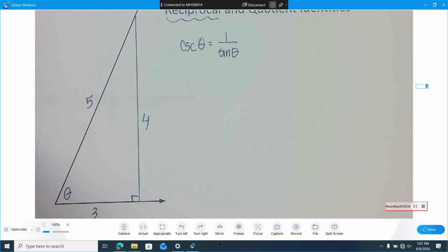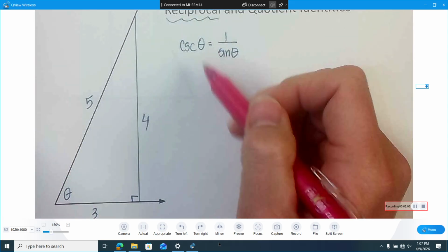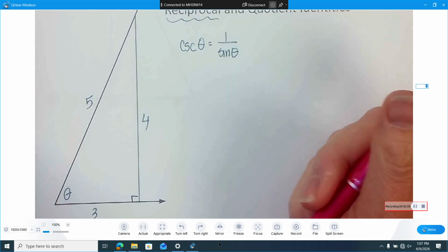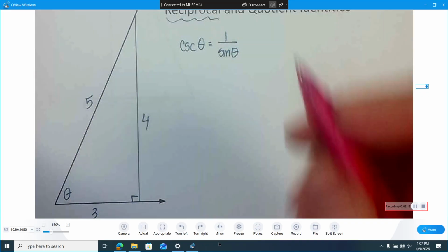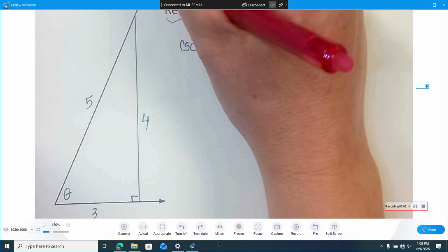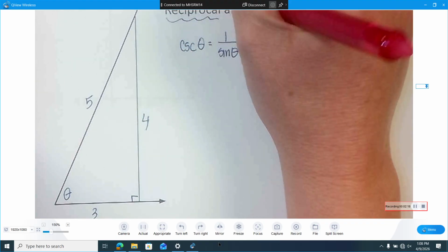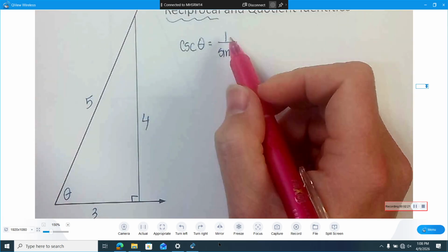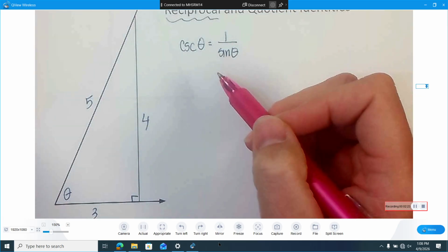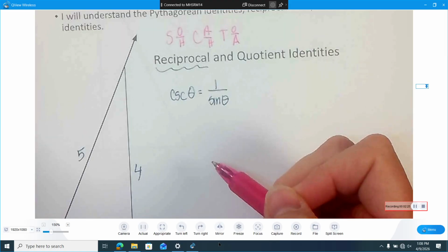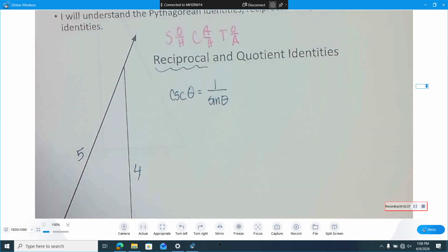And just to convince you that cosecant of some angle is the same as 1 over sine, we're going to do the math. If you'll remember that we have SOHCAHTOA. I wrote it up top.